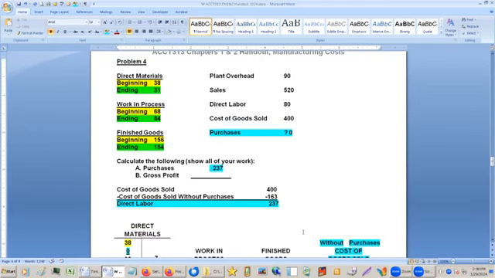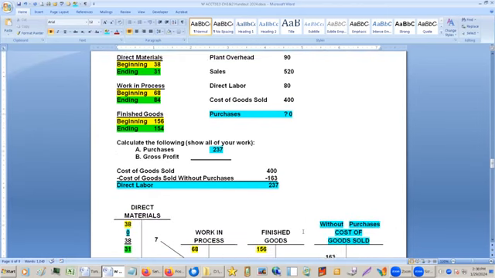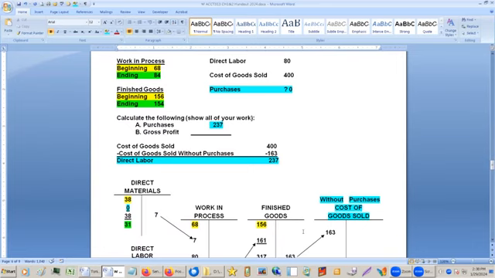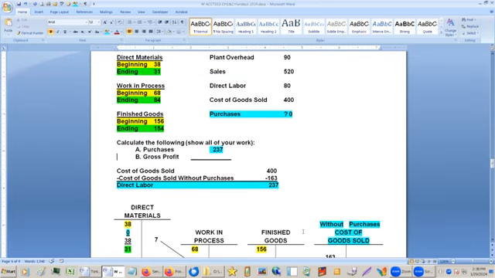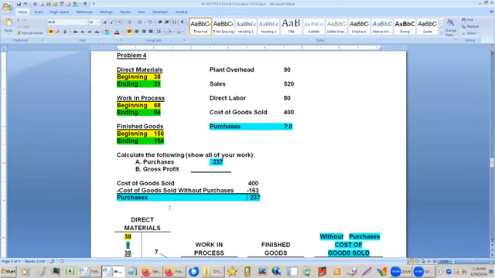You can change it to purchases, the blue one, the blue direct labor. Shouldn't it be purchases? Oh, yeah, no, you're right. Thank you. Very good. Sorry about that. I'm a little slow. Yeah, that's the purchases. 237.